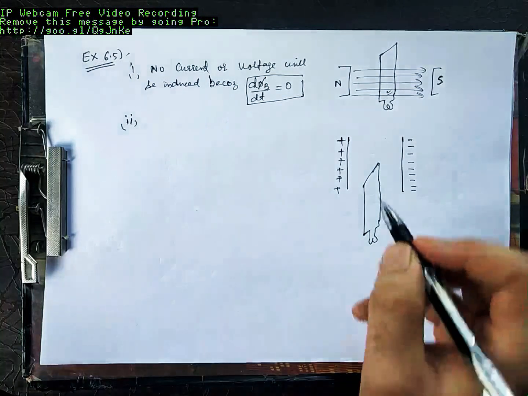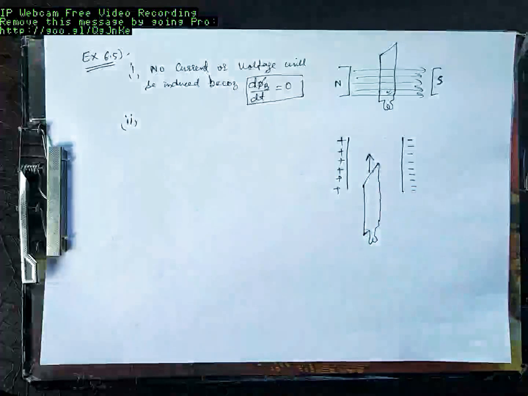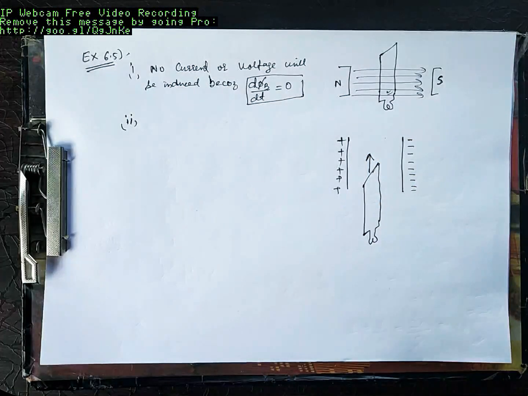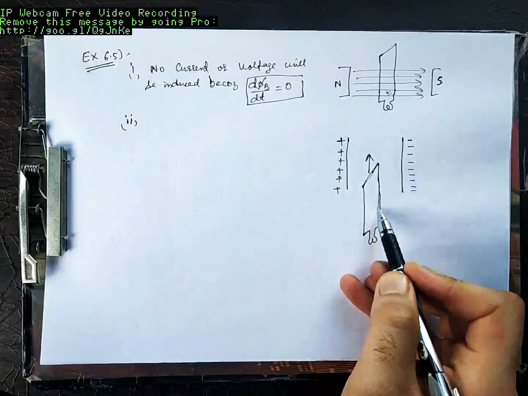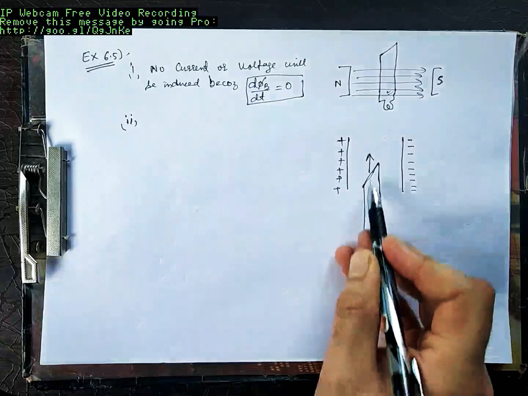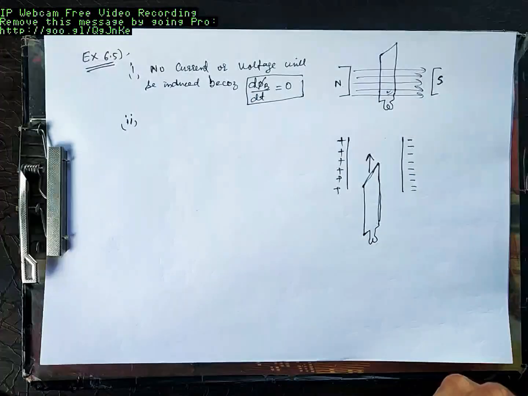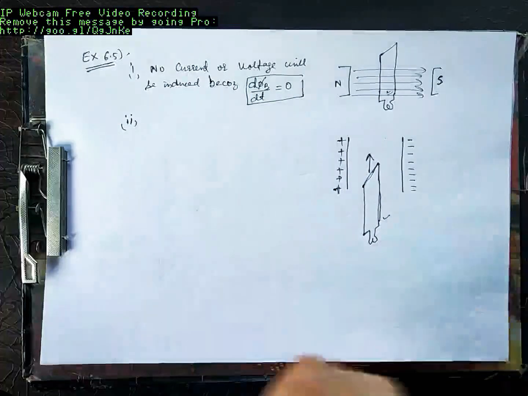This loop is brought into the electric field between the plates, and this is pulled out of the electric field between the plates. That means electric flux passing through the loop when you push it into the plates is increasing, when you pull it out of the plates is decreasing. The question that is being asked here is, will there be an EMF induced in this loop?